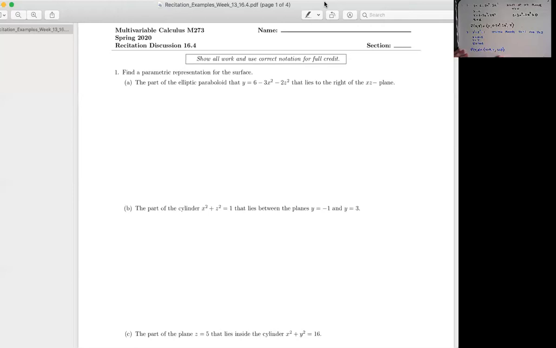We want to represent domains for both of those variables. So theta can go from 0 to 2 pi. And how about y? Well, y, we have restrictions on already. So y will vary between -1 and +3. And we are done.